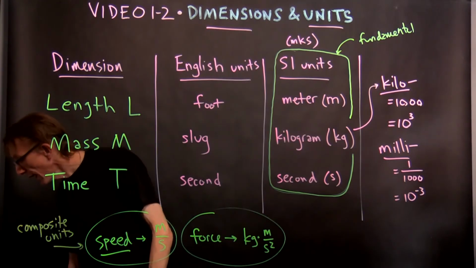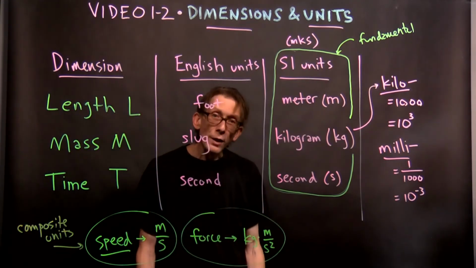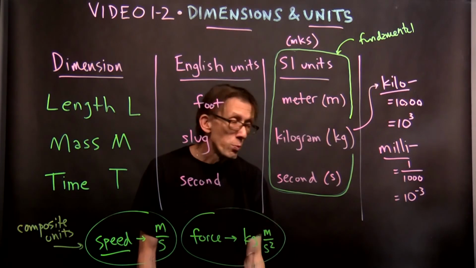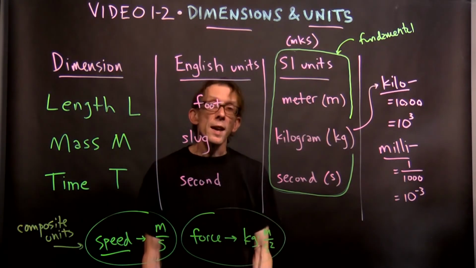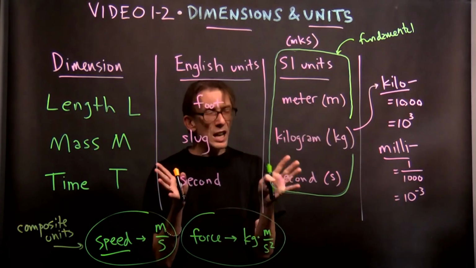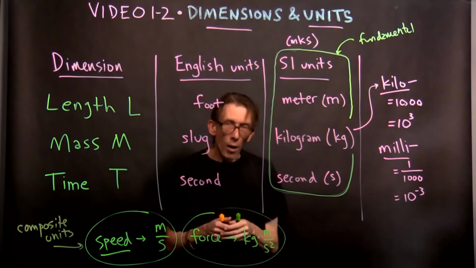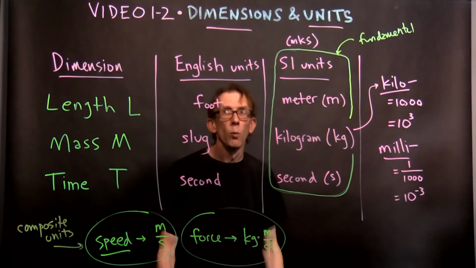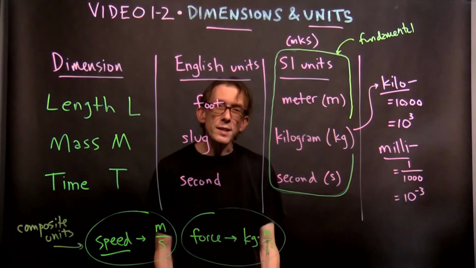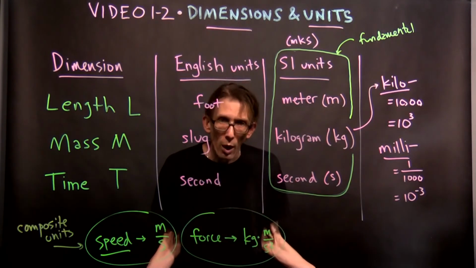I think we're okay. Finally, one sort of philosophical note before I put an end to this particular video: all systems of units, and I kind of alluded to this earlier, are arbitrary. What does that mean? That means that we can pick any system of units we want to.